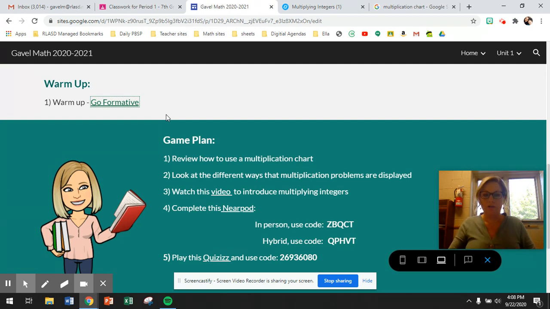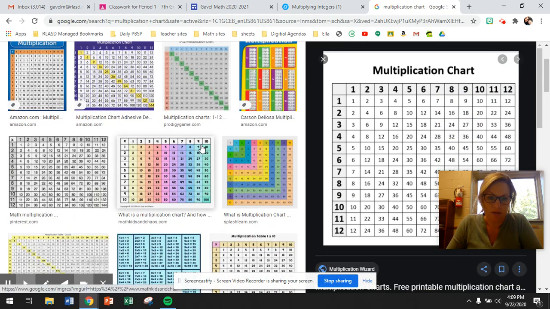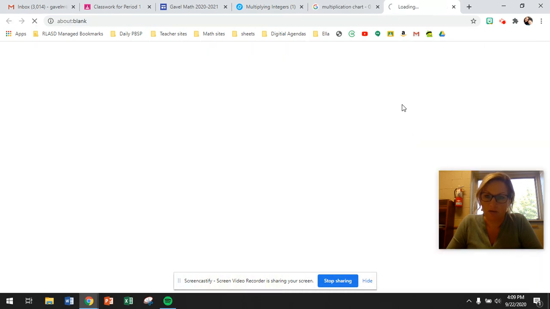And then what we're going to do today is review how to use a multiplication chart. If you do not have one at home, you can easily just Google multiplication chart, go to images, and you can pick from any that you want. It doesn't matter.